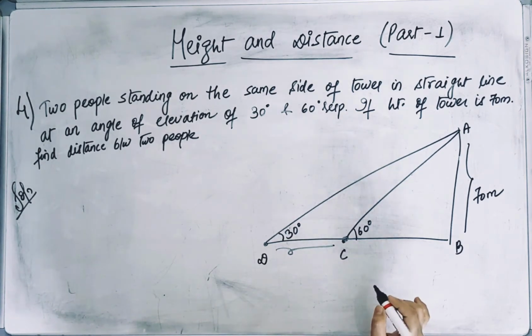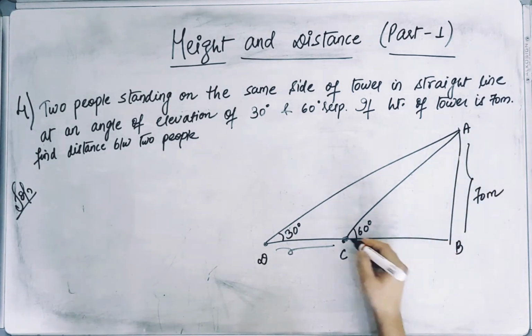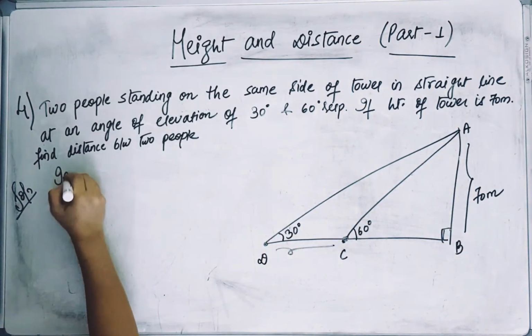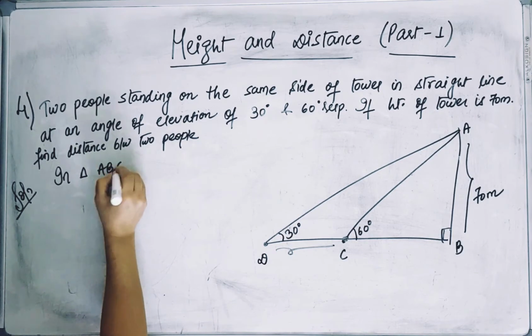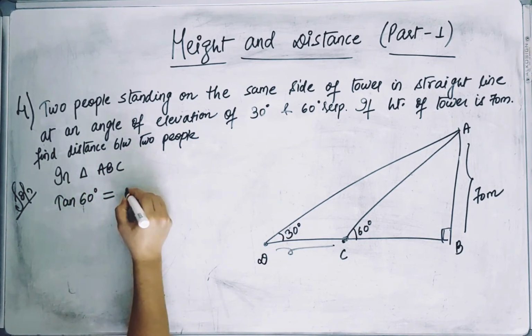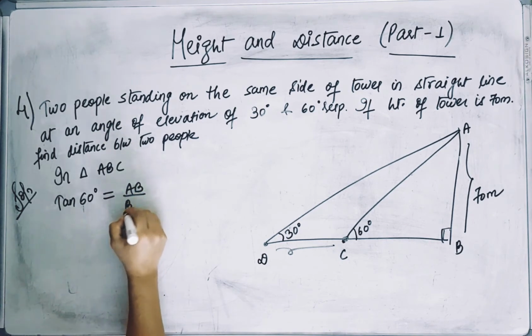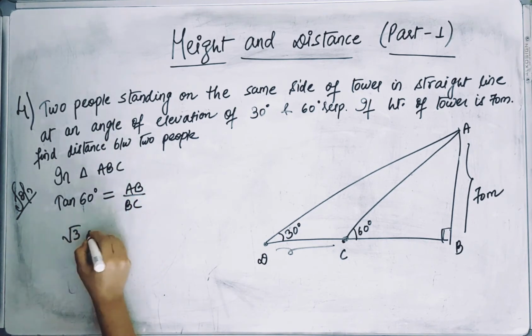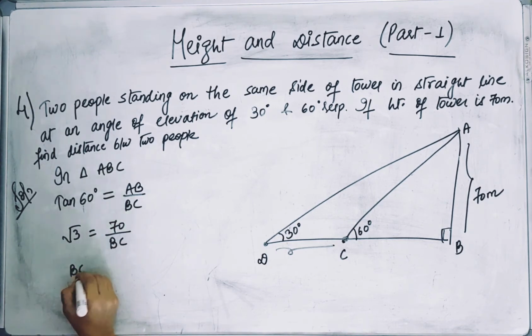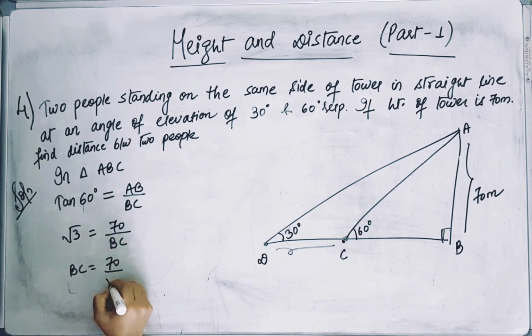Now see, in this question what we'll do, we'll consider first triangle, that is ABC, because this is 90 degree. So we'll consider in triangle ABC tan 60. Tan 60 is what? AB by BC. Tan 60 will be root 3. AB is 70 by BC. So BC will be what? 70 by root 3.